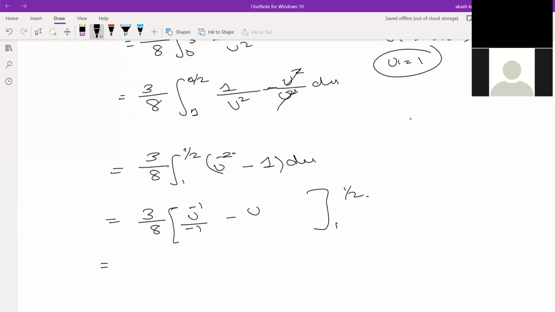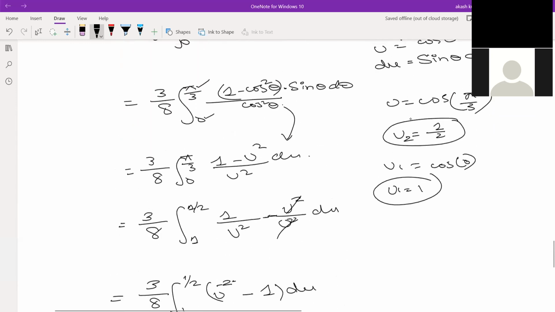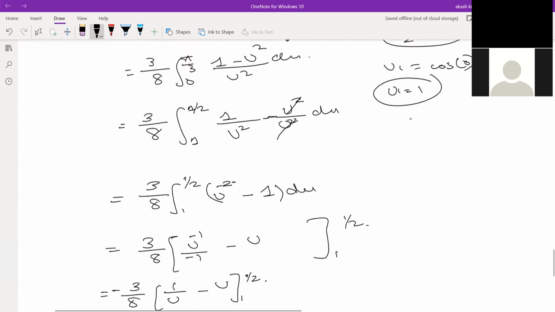Taking the minus sign out, it becomes minus 3/8, 1 over u minus u, and my u was cos theta.